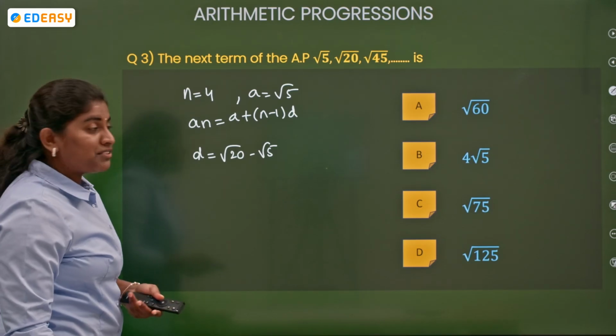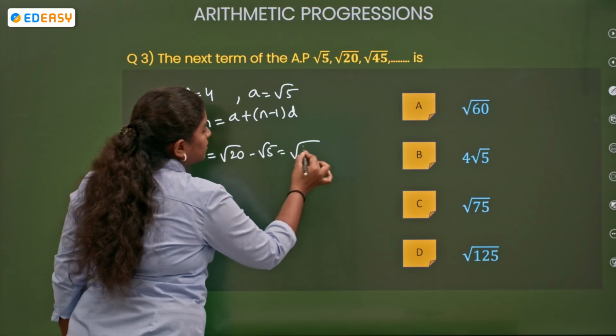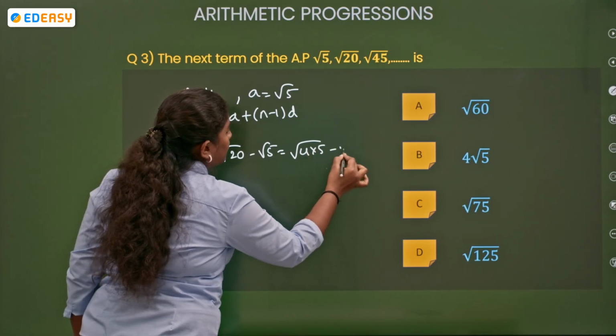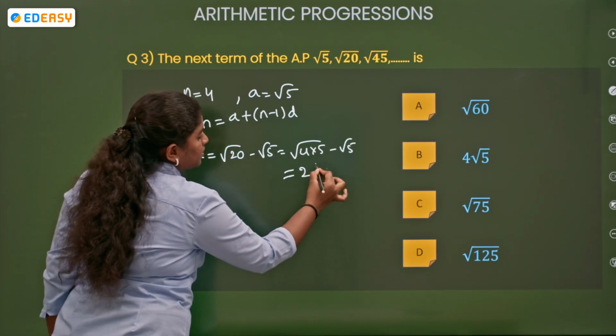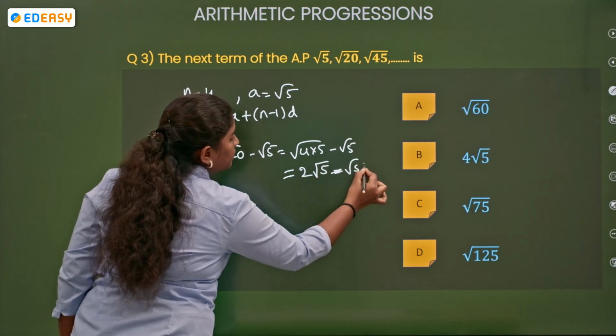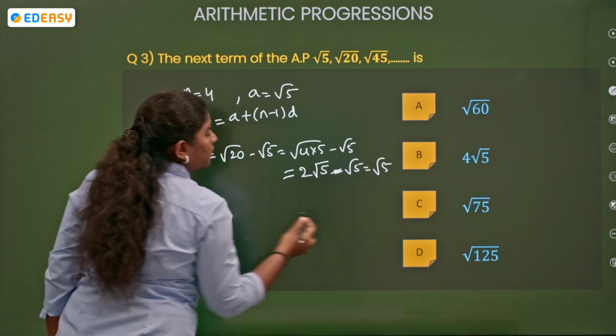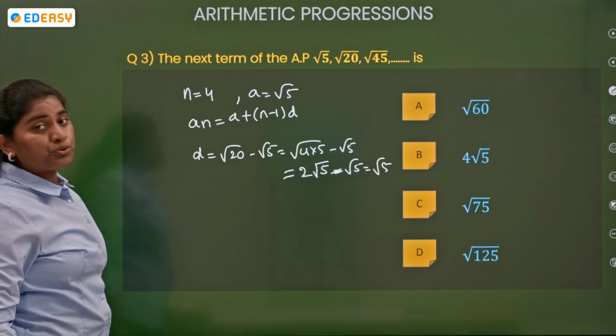Just break this 20. I am breaking it as 4 into 5, minus root 5. Now root 4 is 2, so root 5 stays root 5. Now 2 root 5 minus root 5 will give you root 5. So the difference we got is root 5 and the a value is root 5.